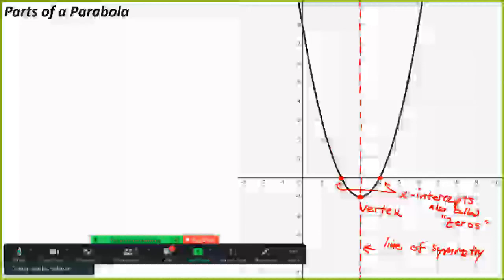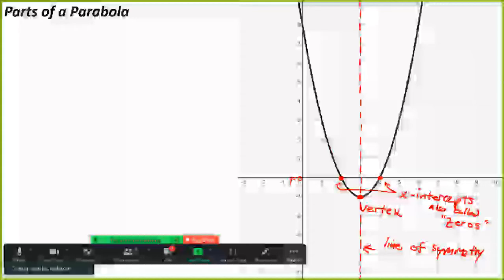If you look at our y ruler, the y-axis, we've got 1, 2, 3, 4, 5 going up, and negatives going down, but right in the middle is y equal to 0. So when we call the x-intercepts the zeros, it's because it's when y is 0: x is 2 and x is 4 in this example.